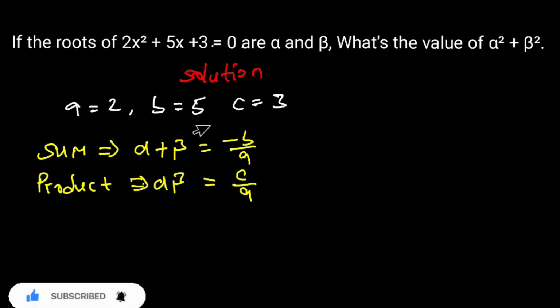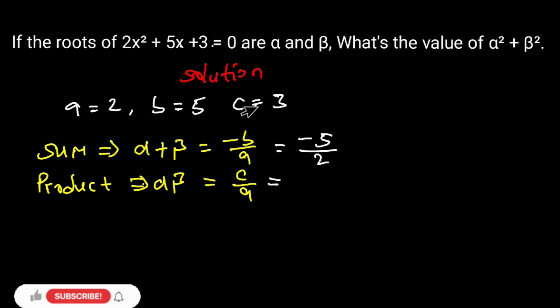Now let's find the sum of the roots. Minus b over a is equal to, here b is 5, so this is minus 5 over a is 2. And then for the product of the roots, we have c over a. Here c is 3, then over a is 2. So this is 3 over 2.